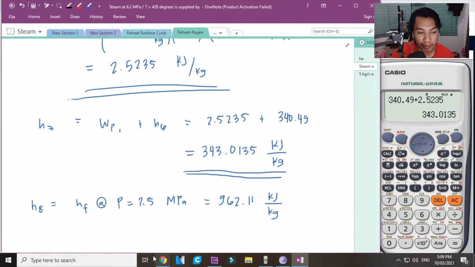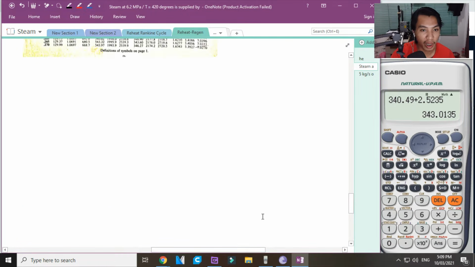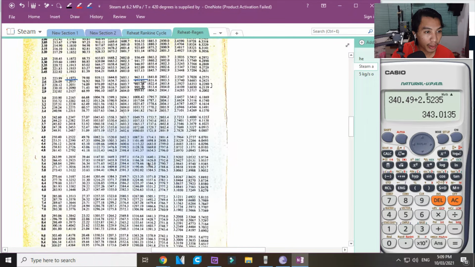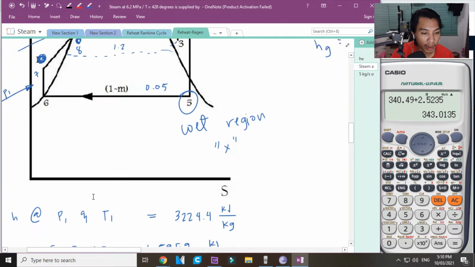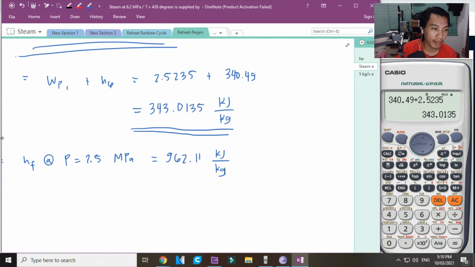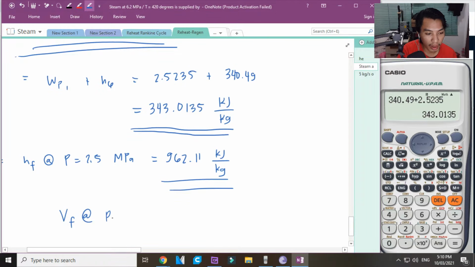It's good to always double check values. The VF is 0.001973 meter cube per kilogram.